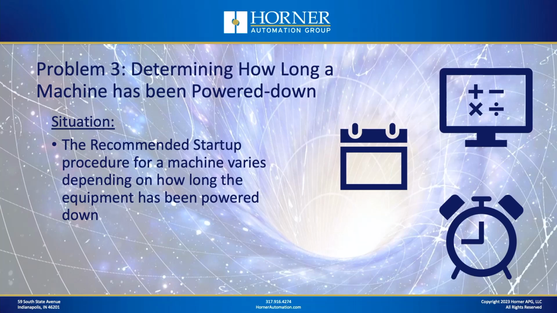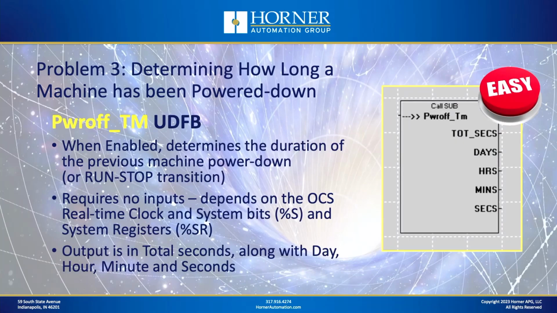Maybe if you were off for longer, you need to go through a complicated shutdown procedure, effectively throwing away the material being used in that process, or somewhere in between. So there are a couple of real-world examples of where you may need to solve this problem. So we've created a user-defined function block, very easy to use, that you can throw in your program and it will give you this information.